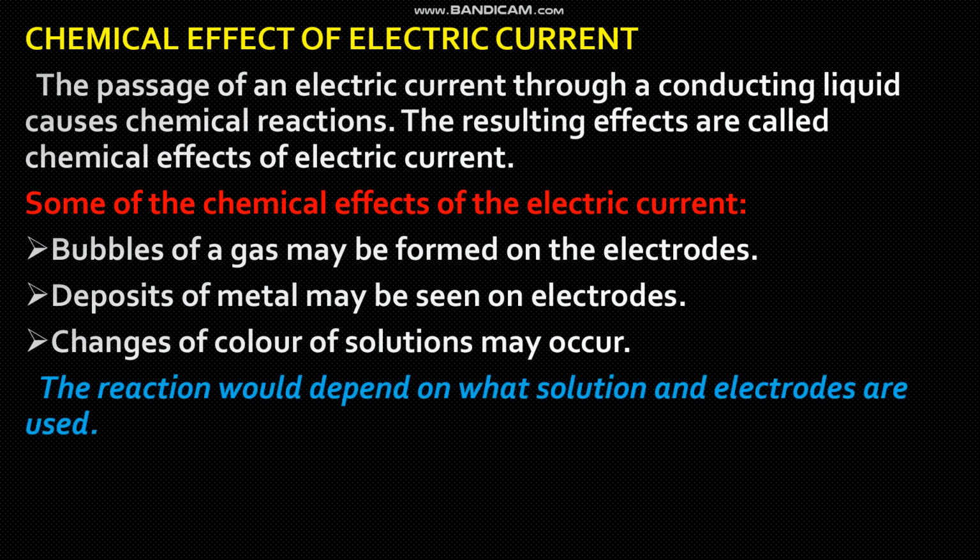The reaction depends on what solution and electrodes are used. So based on which solution is taken and which electrodes are used, there may be different effects. Bubbles of gas may be formed on the electrodes, deposits of metal may be seen on electrodes, and changes of color of the solution may also occur.